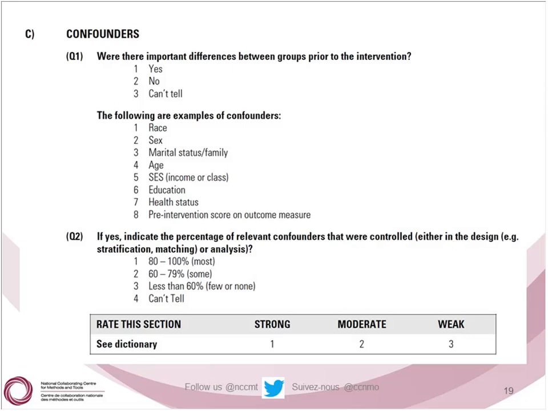So that's how we would use that there. So if there were several confounders that weren't assessed and or controlled for, then we would end up giving this a weak type of rating for this particular factor under confounders.